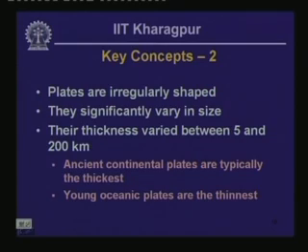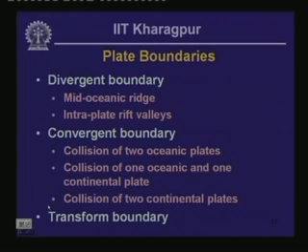Ancient continental plates are typically thickest, and young oceanic plates are typically the thinnest. That is quite obvious, because where the plate is thin, the magma underneath can find its way onto the surface of the earth, and that constitutes the spreading boundary as we have seen earlier.